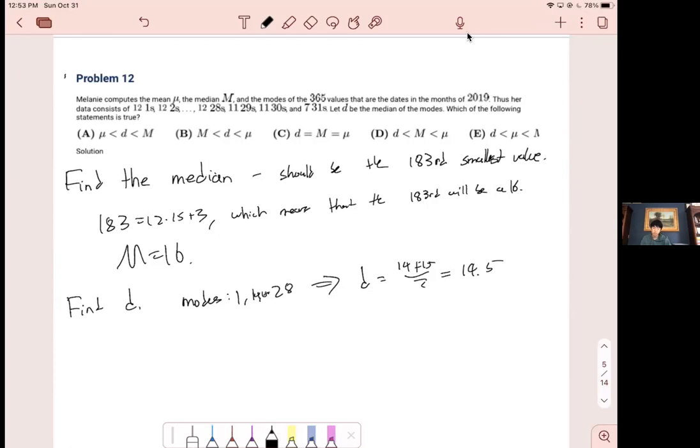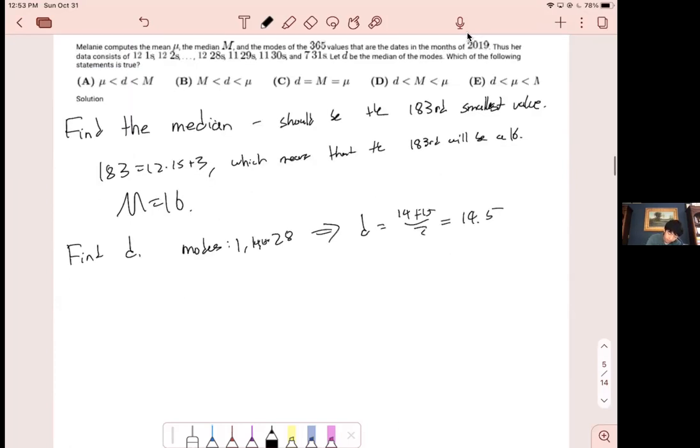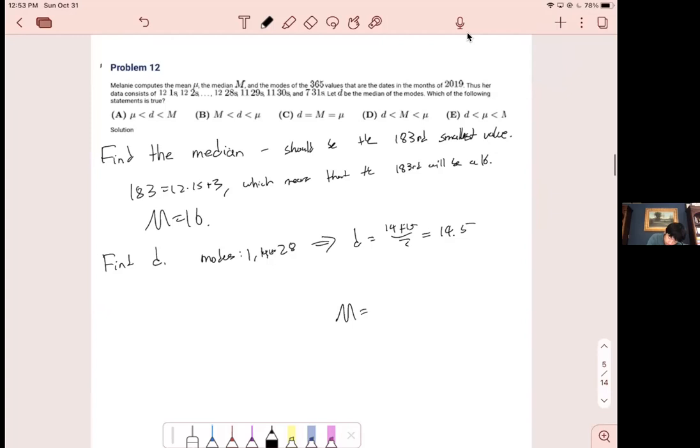You might end up noting that M is equal to the average of 12 ones, 12 twos, all the way up to 12 31s. And D is equal to the average of 12 ones, 12 twos, all the way up to 12 28s.